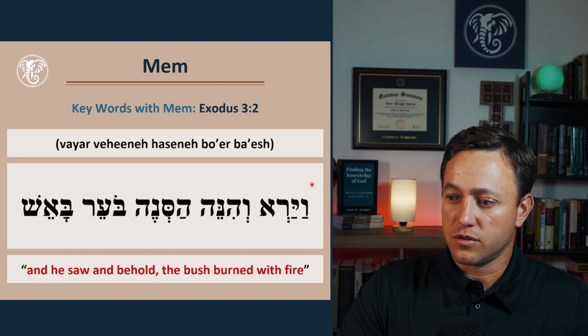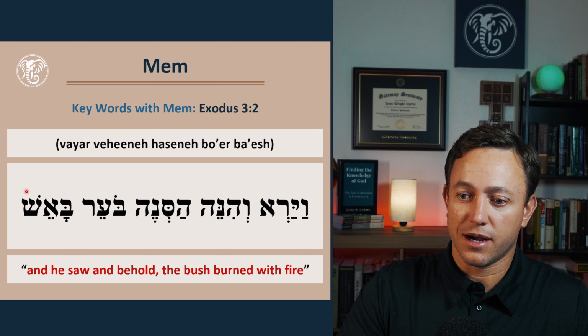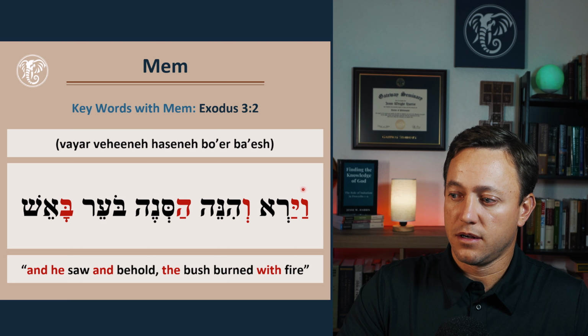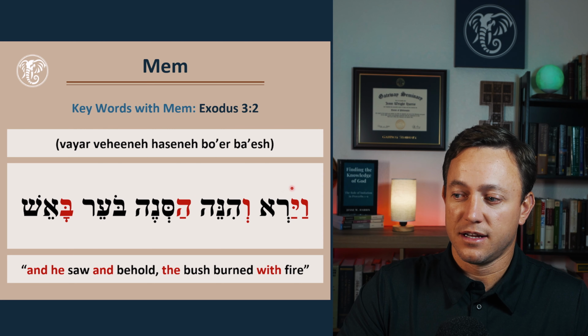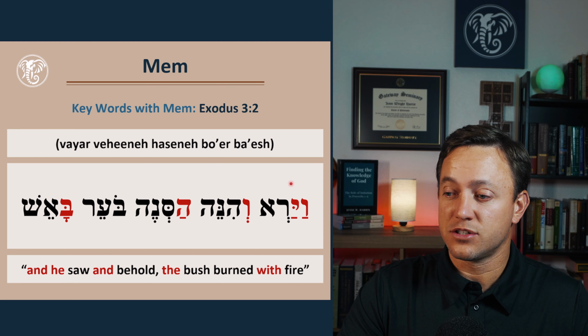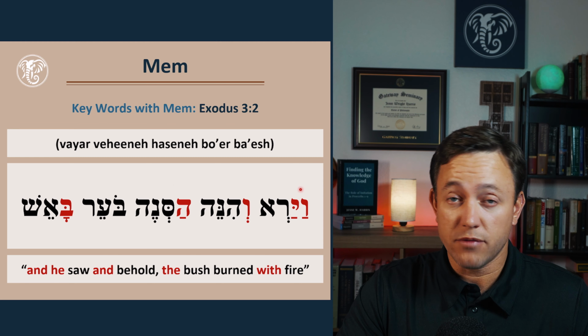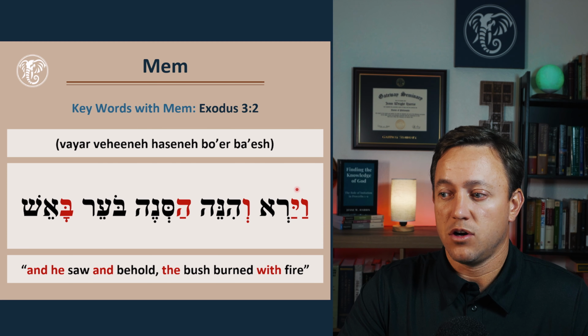All right, so then it continues here. It says, Vayar vechene chasene boer baesh. Actually sounds kind of cool, doesn't it? It kind of has a bit of a rhythmic, rhyming sense to it. And so it's probably kind of meant to be that it repeats essentially the same thing, just over again.